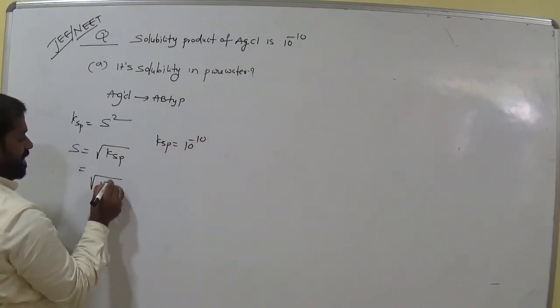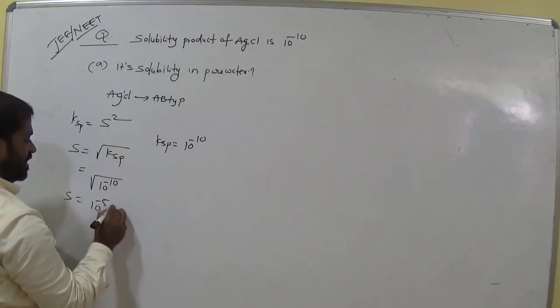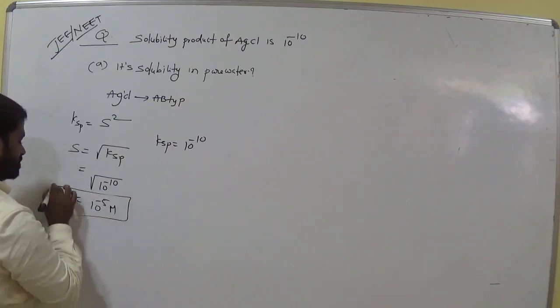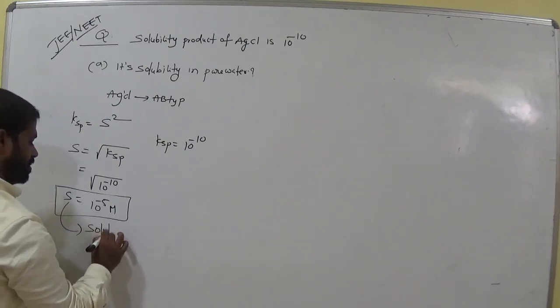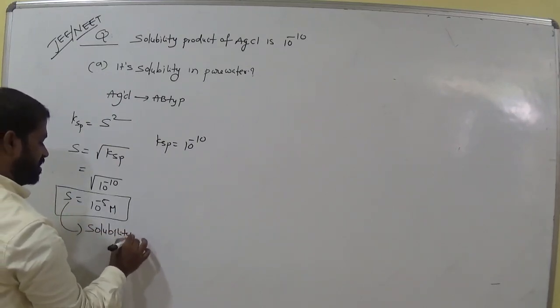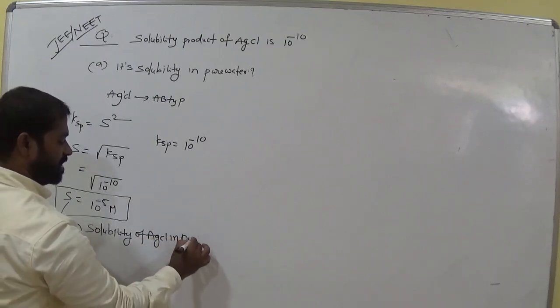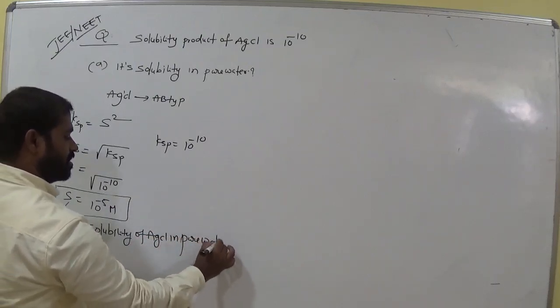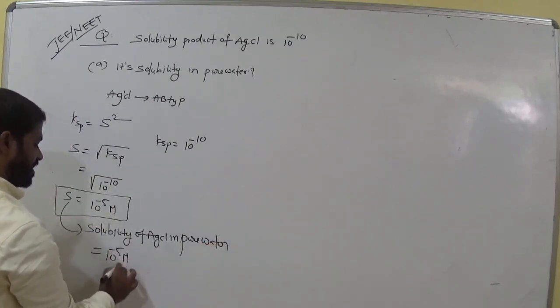So square root of 10 power minus 10 is equals 10 power minus 5 molar, am I right? Solubility of AgCl in pure water, how much? 10 power minus 5 molar.